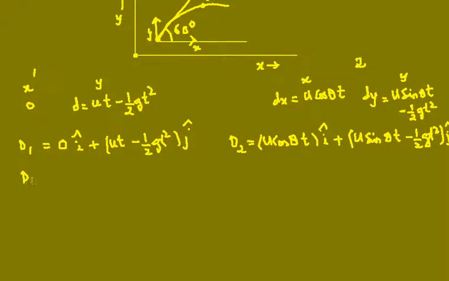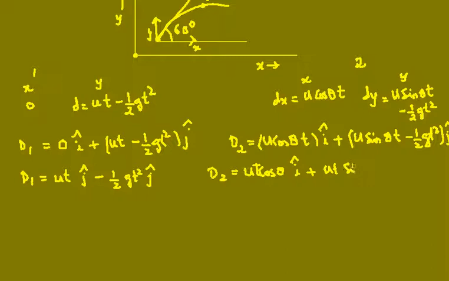So I write d1 is equal to ut into j cap minus half g t square into j cap, and the displacement of body 2, d2, is equal to u into cos theta, I just move t here so that it looks like ut into cos theta into i cap plus ut into sin theta into j cap minus half g t square into j cap.